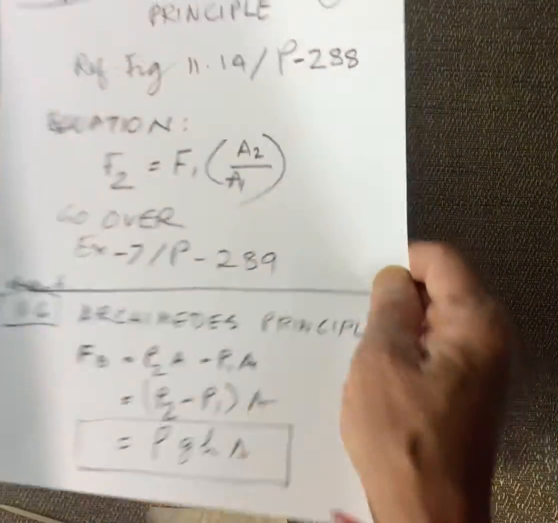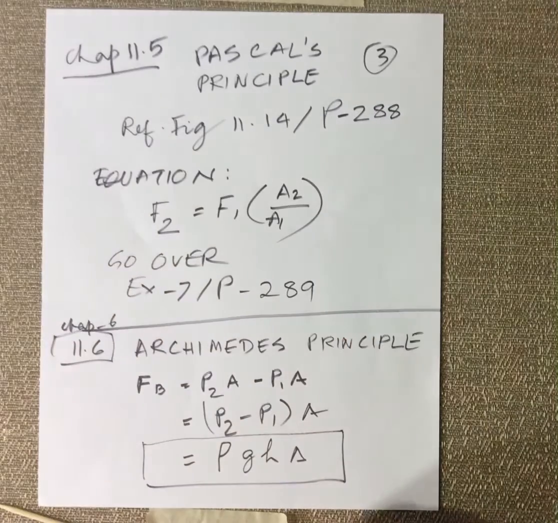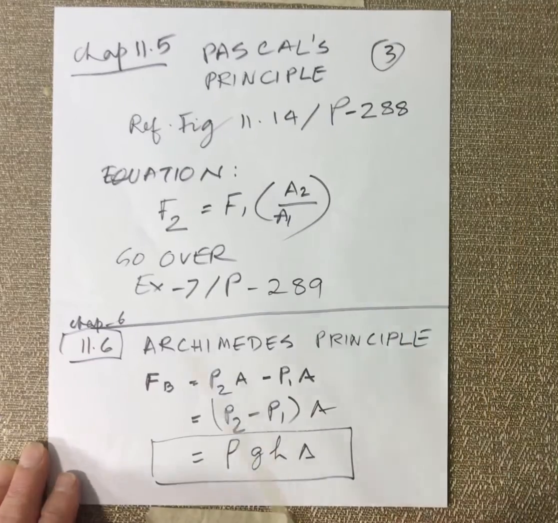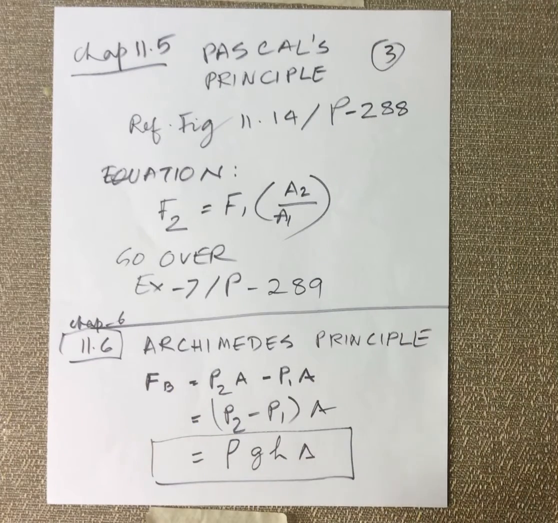The last topic we have is Archimedes' principle. This is Archimedes' measurement you did in the density measurement, where you have the buoyancy force, like when you jump into a swimming pool, you try to push up your body by the force which is by the displaced fluid.